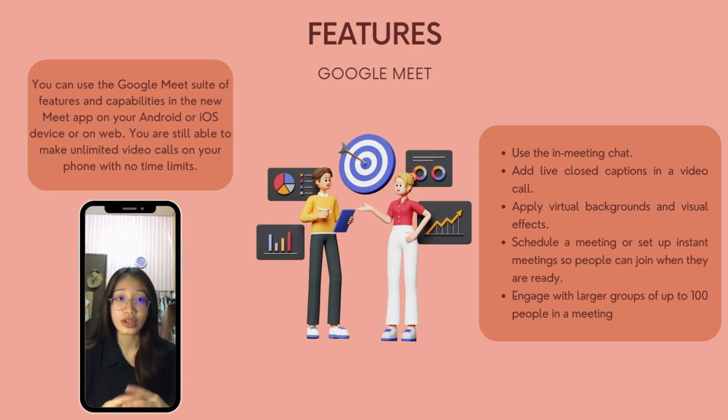When you create, schedule, or join a meeting, you have access to meeting features that allow you to use the meeting chat, add live closed captions in the video call, apply virtual backgrounds and visual effects, and schedule meetings or set up an instant meeting, so people can join them when they are ready, and then engage with a large group of up to 100 people in the meeting.